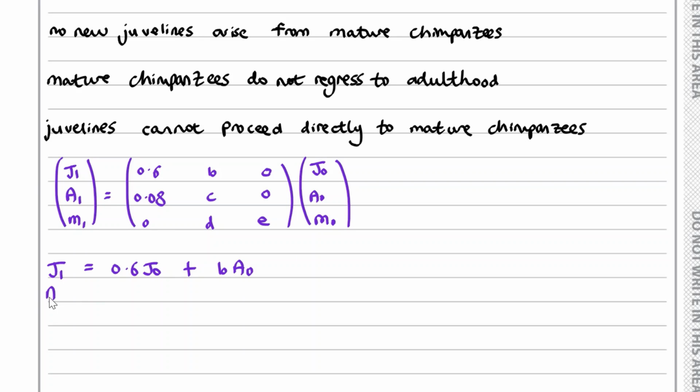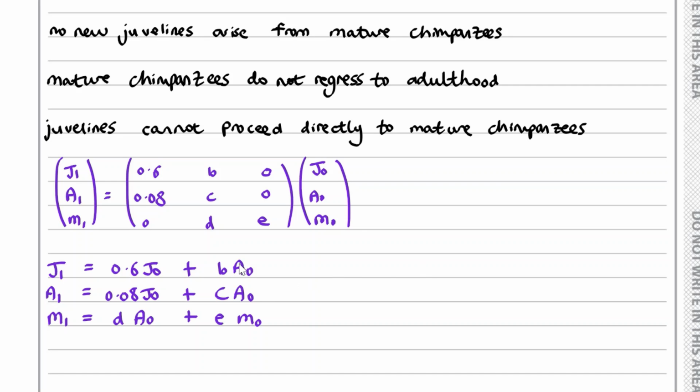A1 is equal to 0.08 times J0 plus C times A0 plus 0 times M0, and M1 is equal to 0 times J0, and then we have D times A0, and then we have E times M0. Okay.